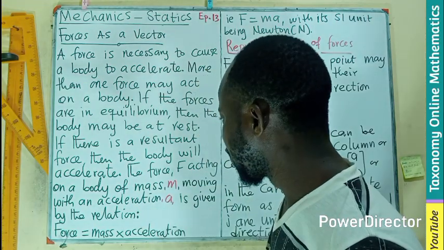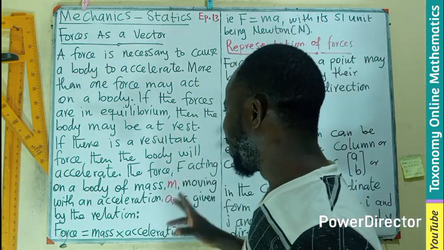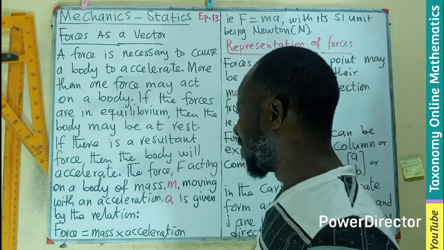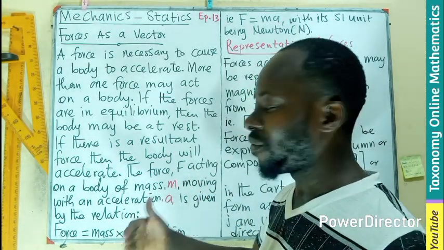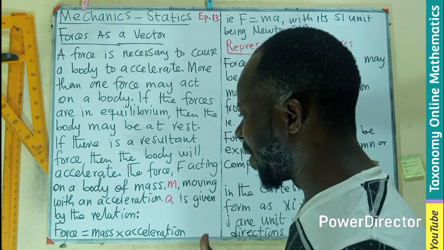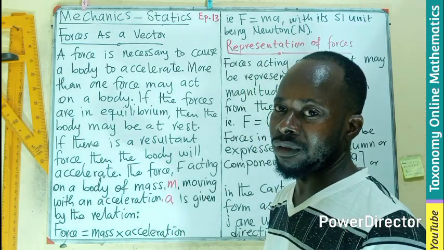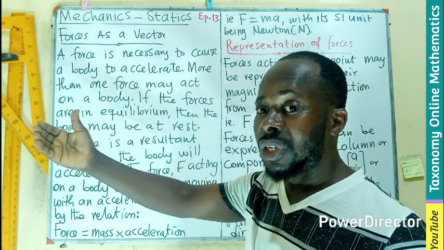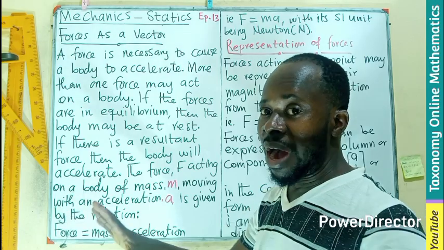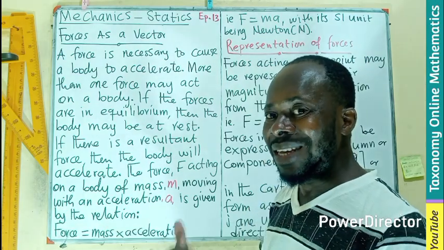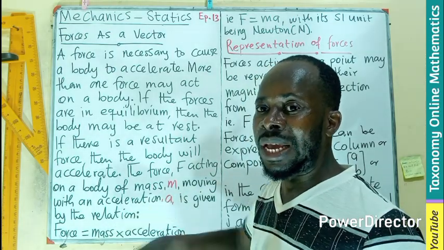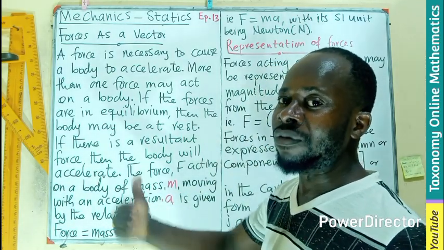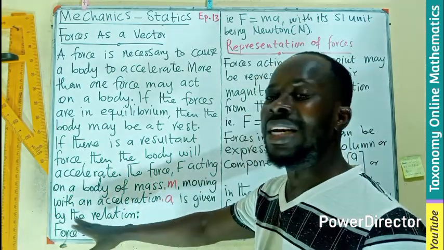That is an acceleration. So the force F, acting on a body which has a mass of m, moving with an acceleration of a, is given by the relation. How will I find the force? Apart from the calculations we did under friction and normal force, to find the force acting on a particular body, the mass of the body in connection with the force of gravity gives us the force.